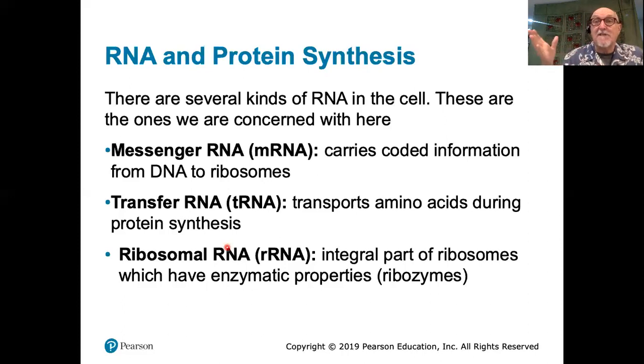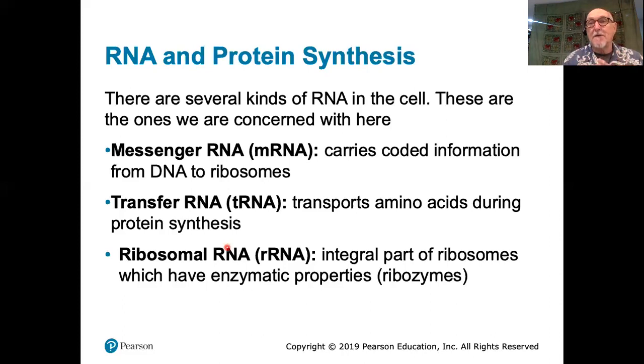So there are at least 20 different transfer RNAs for the 20 different amino acids. Actually, there are more than that. But you can think for the moment, we have at least 20 transfer RNAs to fit the 20 amino acids that we use to make up proteins. Remember that amino acids are the monomers of the polypeptide polymer.